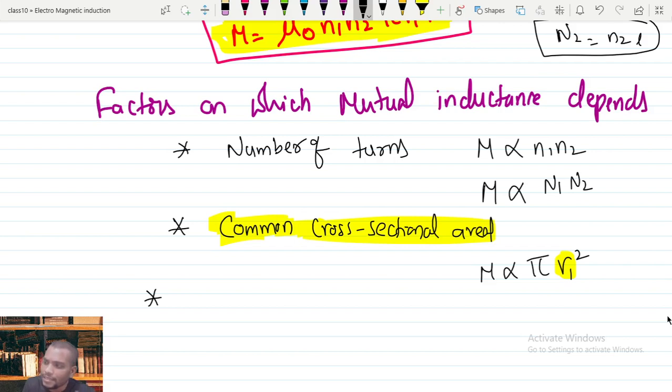The mutual inductance also depends upon the relative separation, how far apart they are. If the two coils are too close, then the mutual inductance increases.